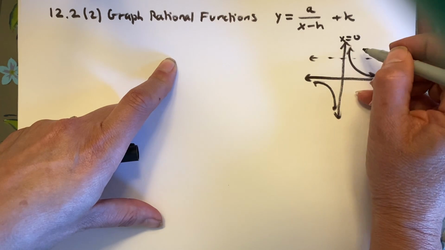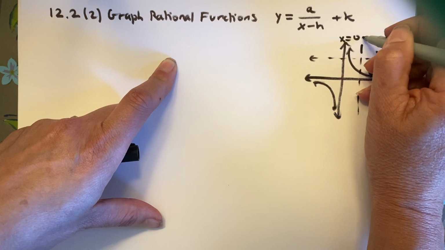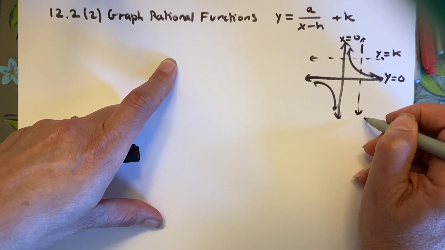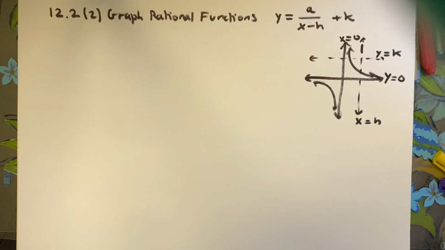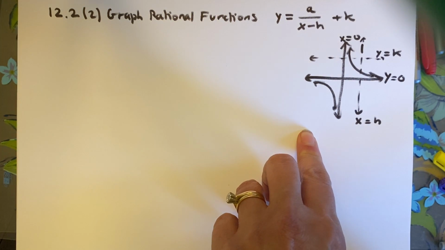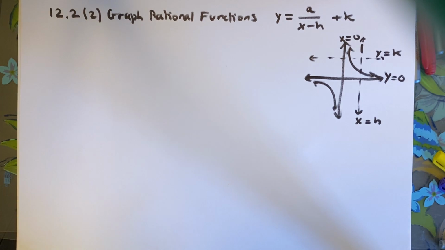It moved to here, where you had an asymptote where x equals h. And we're going to see how that's going to make it much, much easier for us to graph if we can identify those asymptotes. So that's going to be the goal here as we graph this.